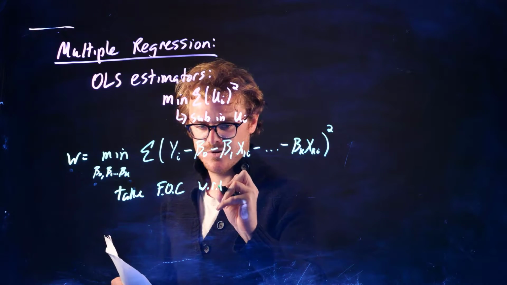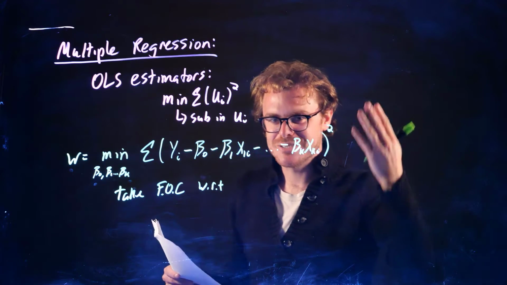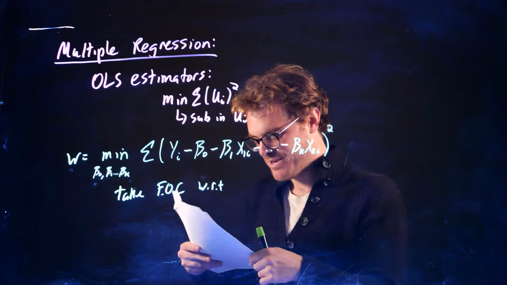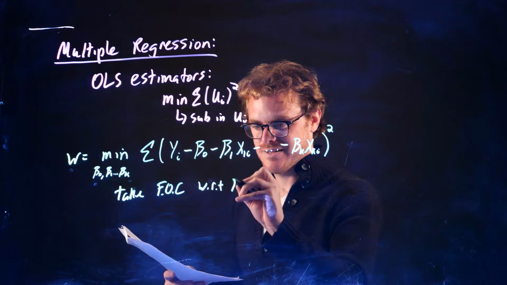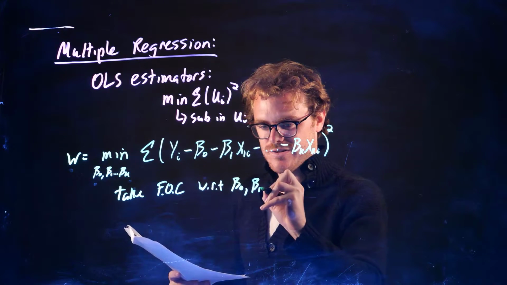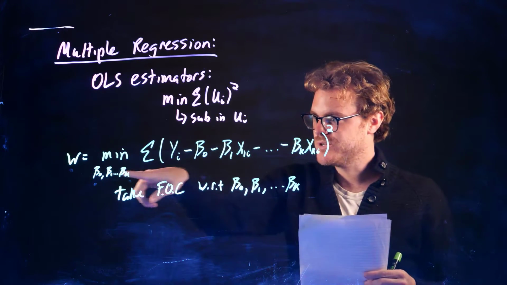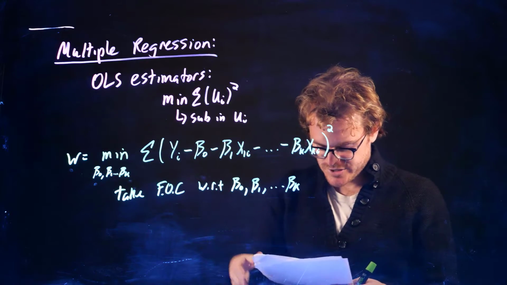We're not actually going to take these first order conditions by hand, but this is how the computer is doing this, or kind of how they're doing it. I'm going to take the first order conditions with respect to all these parameters we get to choose.